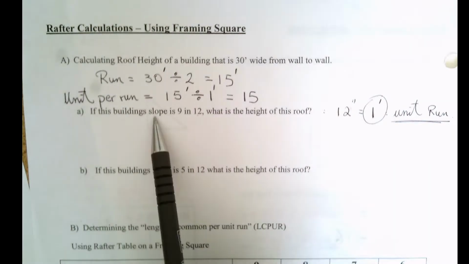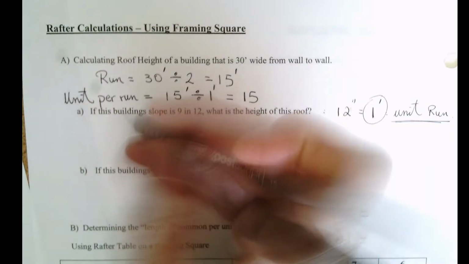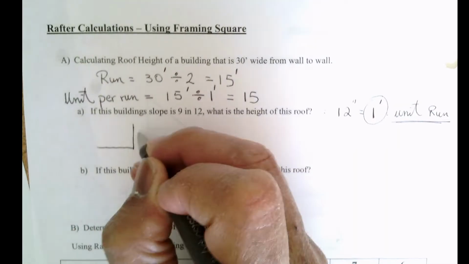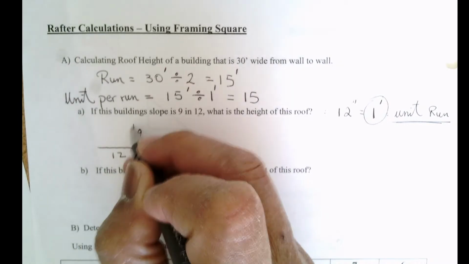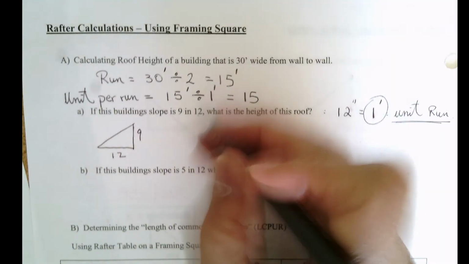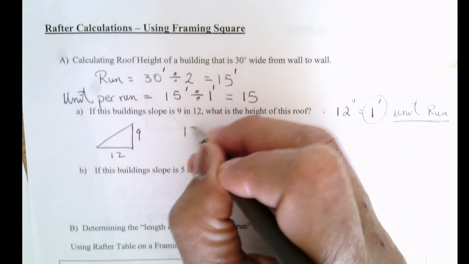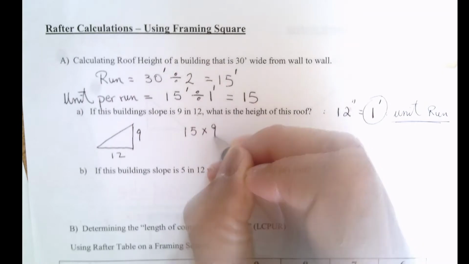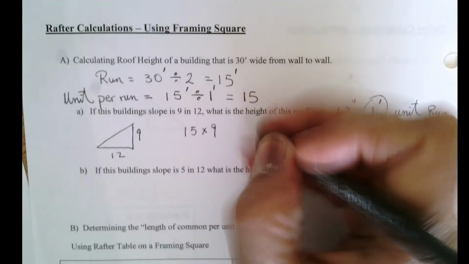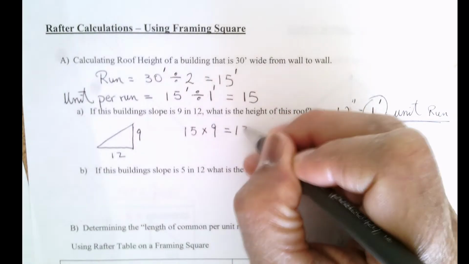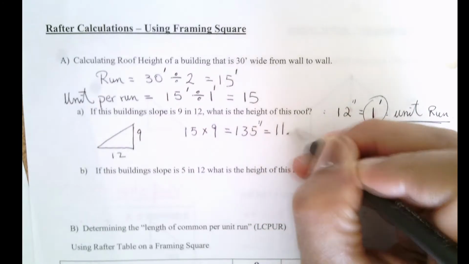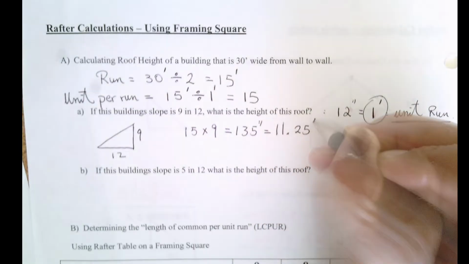So if the building slope is 9 and 12, then the height would be what? 15 units times 9, and that gives you 135 inches, which is 11.25 feet.